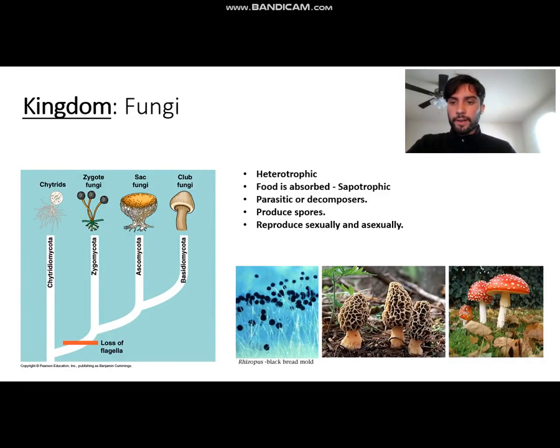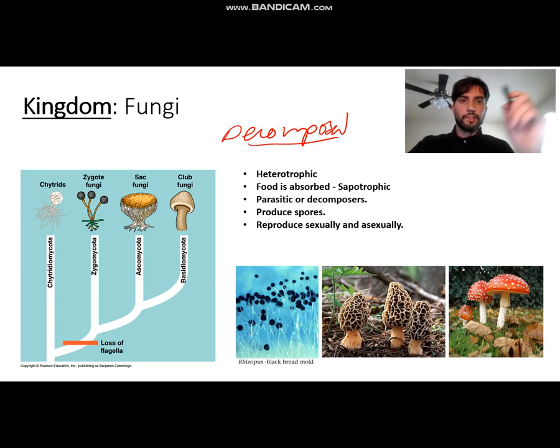Okay, so fungi are mainly decomposers, so they decompose dead matter and basically bring death back into life. So all of the dead materials are reintroduced into the cycle by decomposition, and fungi are the main ones responsible for this cycle.